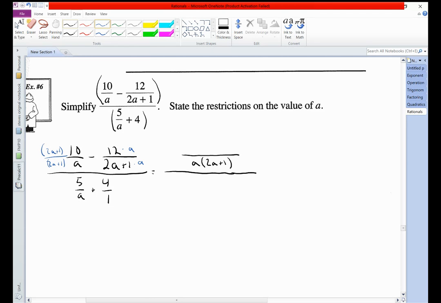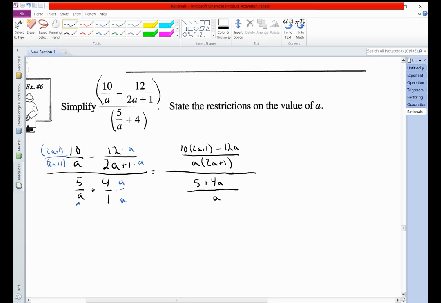So now in the top left, I have 10 multiplied by 2a plus 1 minus 12a. And then in the bottom, my common denominator is going to be a. And the only thing I had to do to get there, the first term already is a, but this one I had to multiply by a times a, or a over a. So now I have 5 plus 4a.